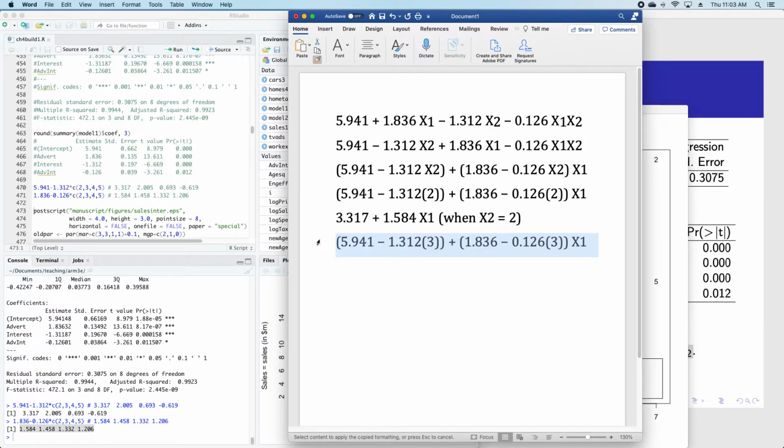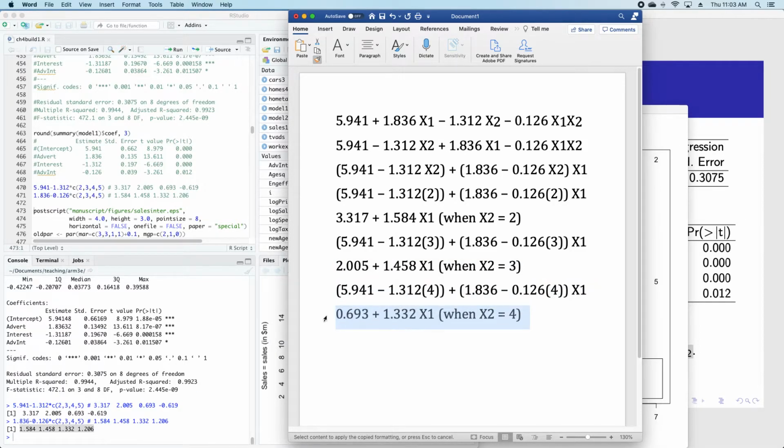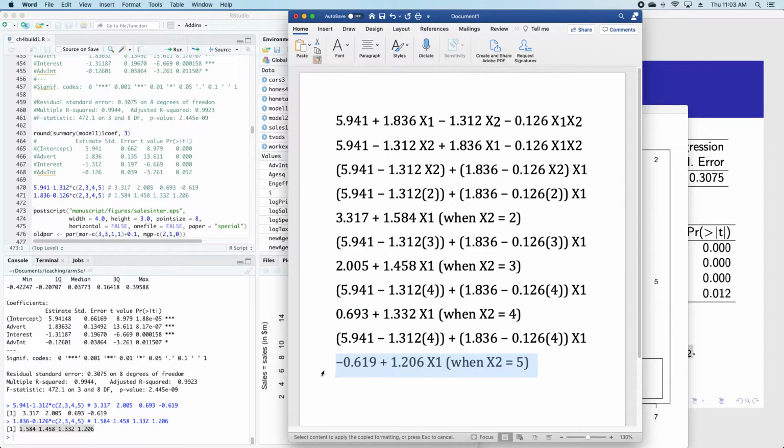When x2 equals 3, I get this, so 2.005, and then 1.458, and then x2 equals 4, I get these numbers, 0.693 and 1.332, and finally, oops, that's a mistake there, when x2 equals 5, I get minus 0.619 and 1.206.